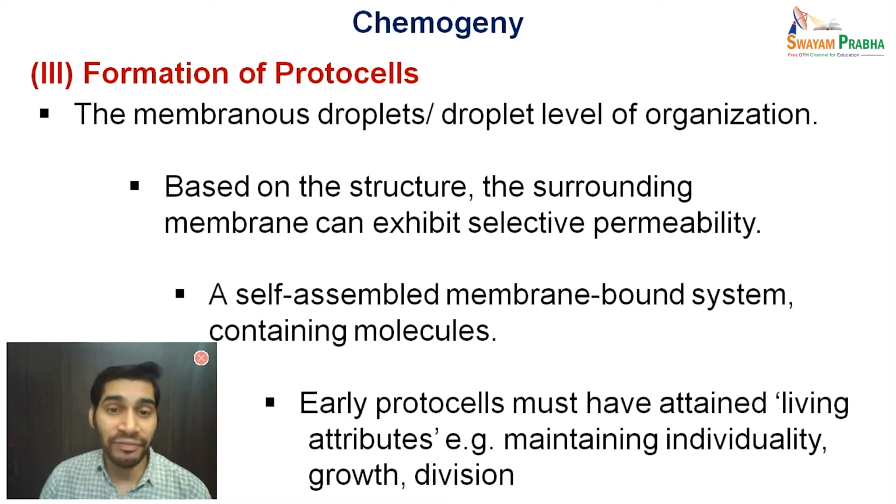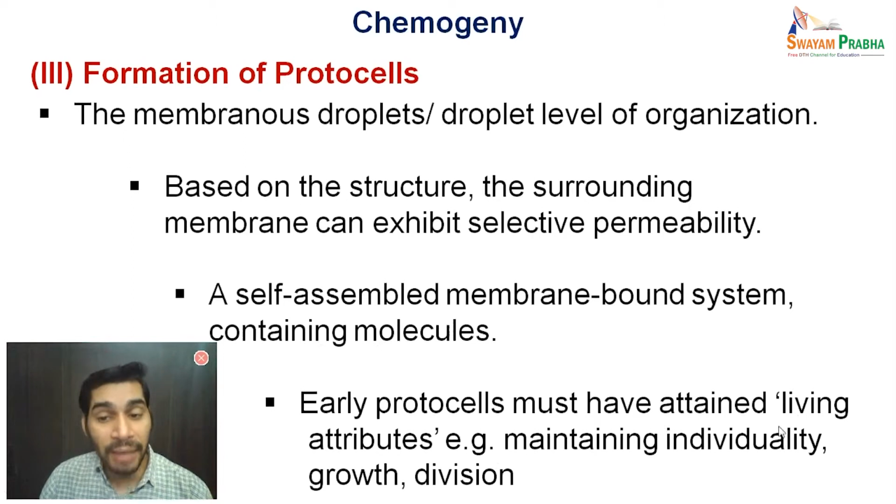A self-assembled membrane-bound system containing molecules is something which we term protocells. And each protocell, remember, must have attained the living attributes. What are these living attributes? The protocell must be able to maintain its individuality. Now when I say individuality, I am referring to selective permeability.